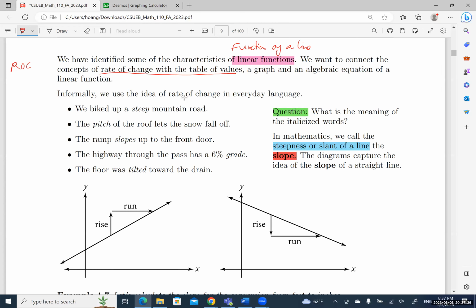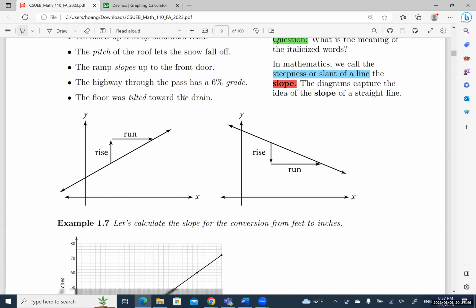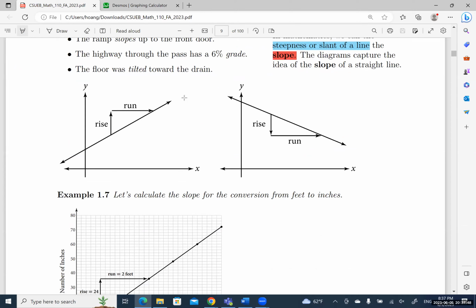Okay. And the diagrams capture the idea of the slope of a straight line. And you see over here the slope we can count as rise over run, right?